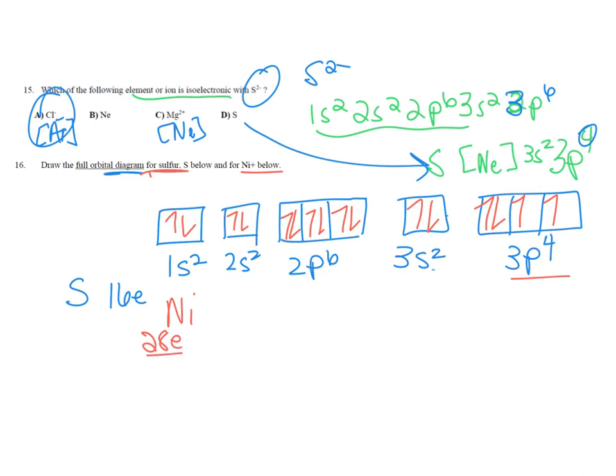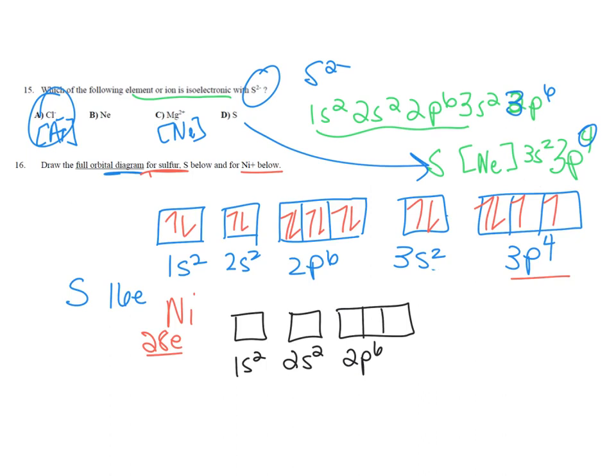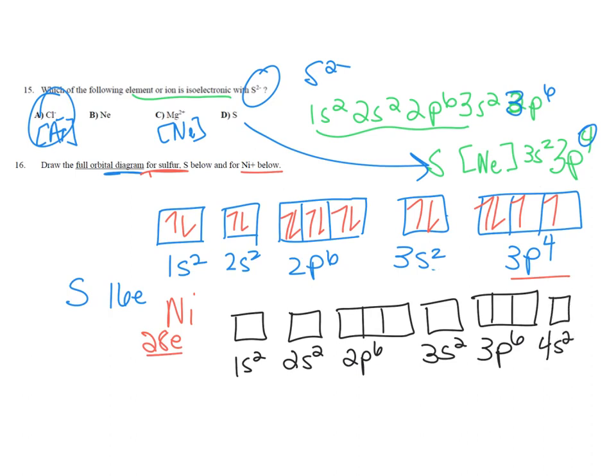We've got to do the full diagram: the 1s2, the 2s2, the 2p6, the 3s2, the 3p6, and then the 4s2, and then the 3d, 5 orbitals.